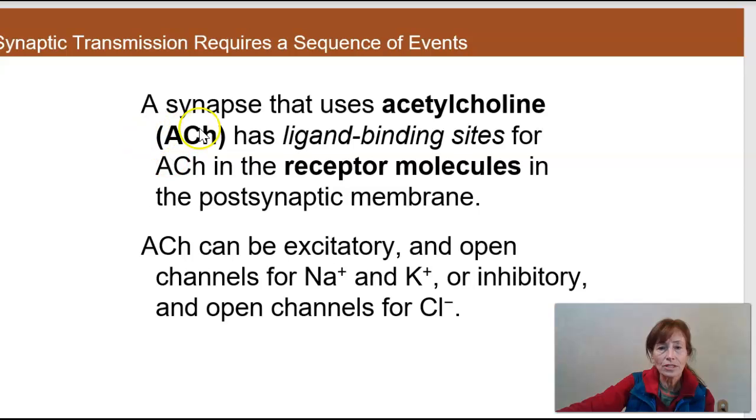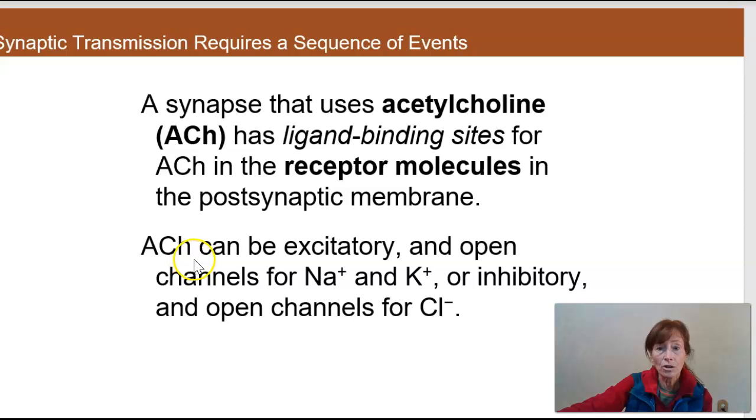Here's an example. A synapse that uses the neurotransmitter acetylcholine, here's its abbreviation, will have a ligand-gated channel or a binding area on the postsynaptic neuron. Once it goes across that synapse and binds to the receptor, it's going to open a channel. This is interesting because there are possibilities even with a single neurotransmitter.